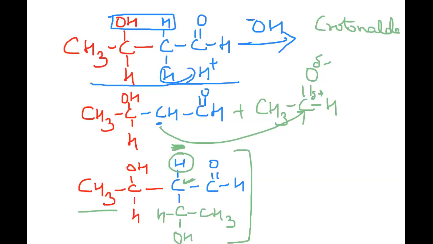Coming next to the reaction, if you look at it in the equilibrium, it is favorable for aldehydes, but it is not favorable for the ketones. The next that we will take up is a ketone, and the compounds obtained are called ketols. Now, why is it not favorable for the ketone?